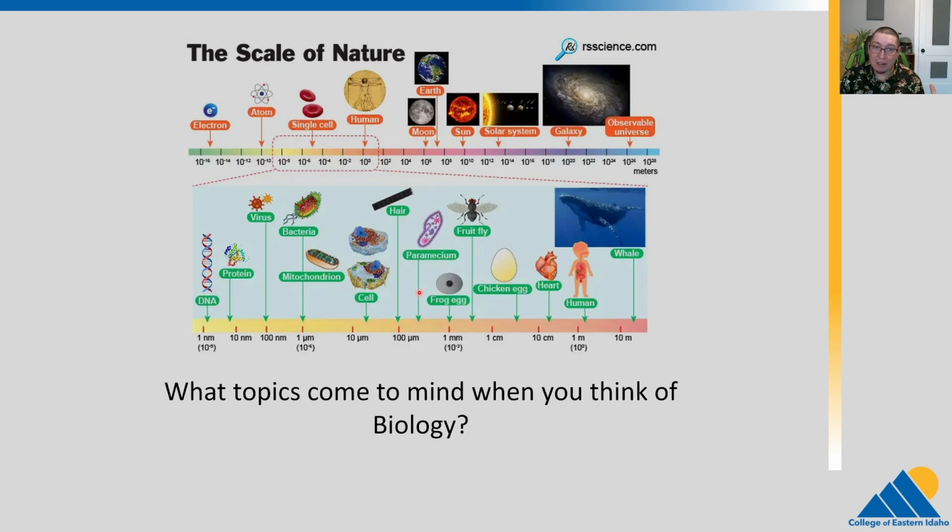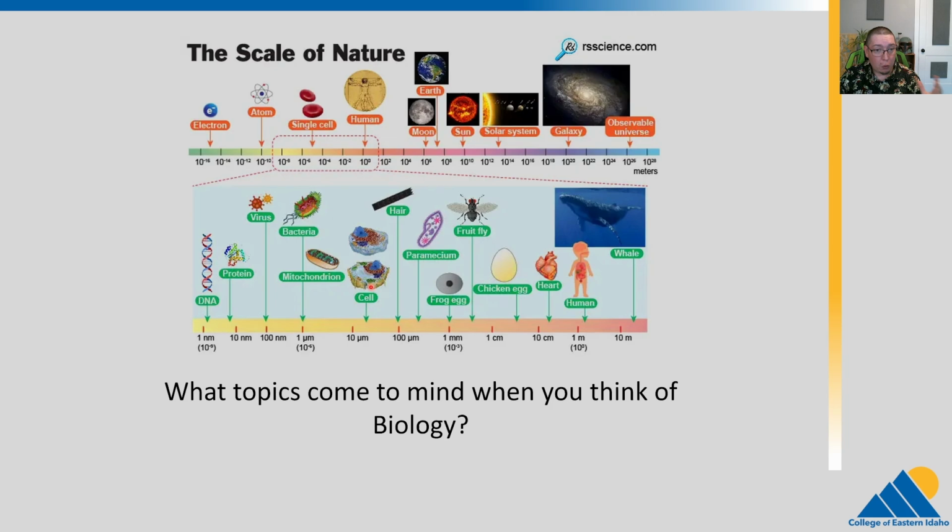Anything that you can't see with the naked eye without magnification usually falls into microbiology. So something like a paramecium, which is a eukaryotic organism, down to something like a bacteria, which is a prokaryotic organism. We'll talk about what a prokaryote and a eukaryote are.